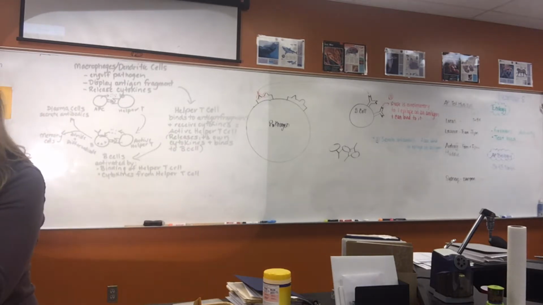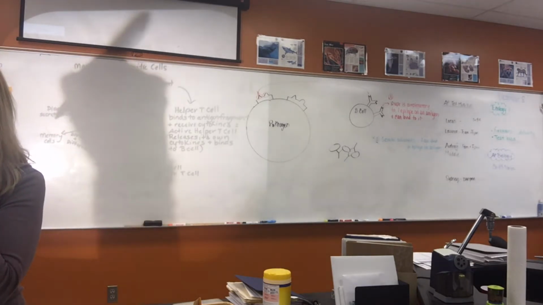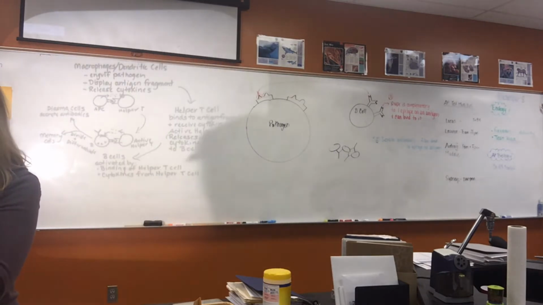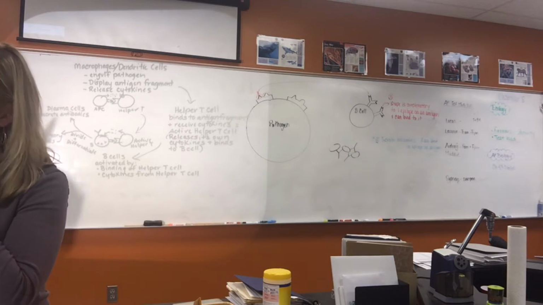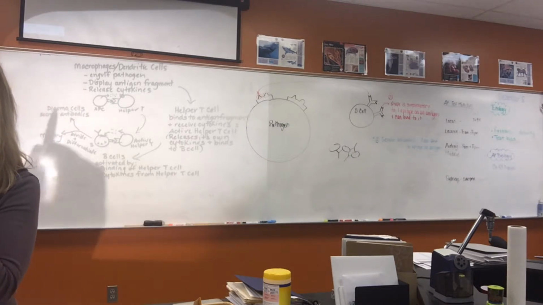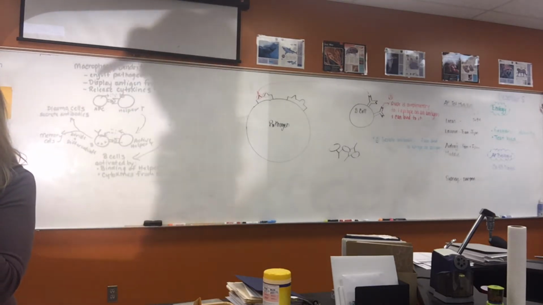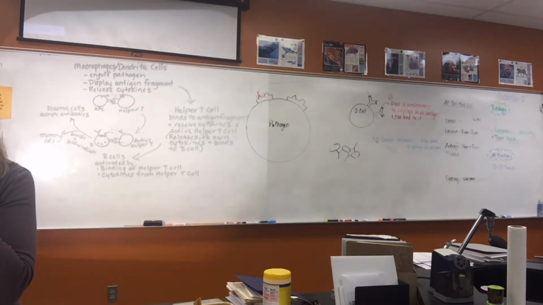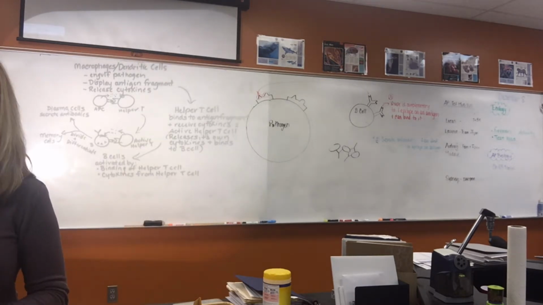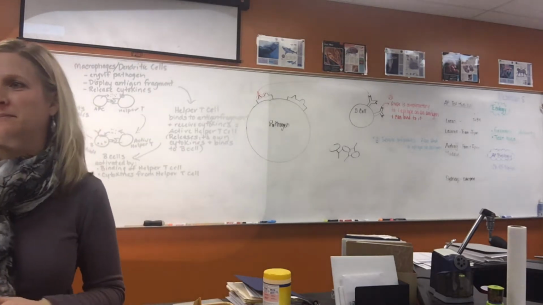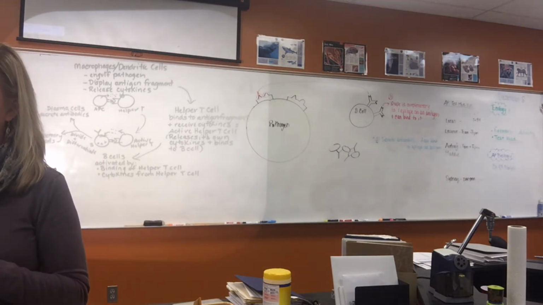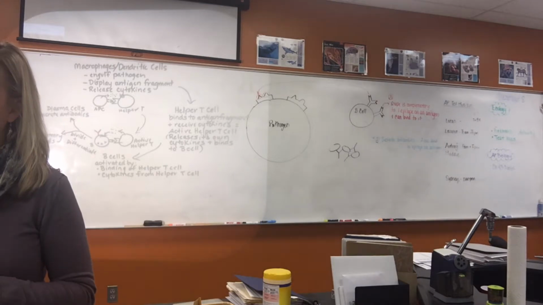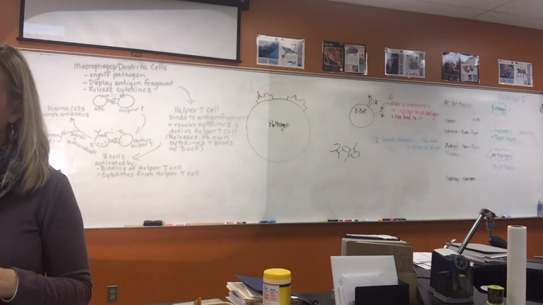Now, remember this is a positive feedback loop, so how does this activated B cell that's secreting antibodies enhance or amplify the beginning? How do we finish that loop? The antibodies help catch the bacteria, they bind to the outside of it, and that makes it easier for macrophages to go through phagocytosis.